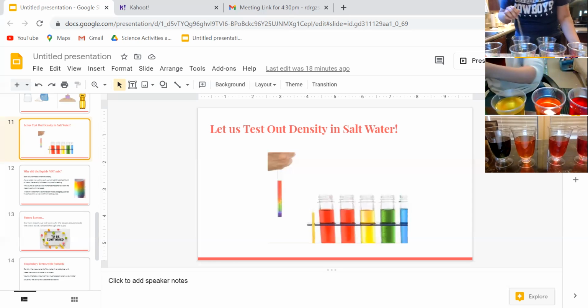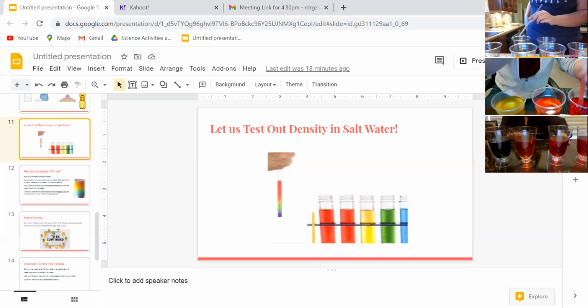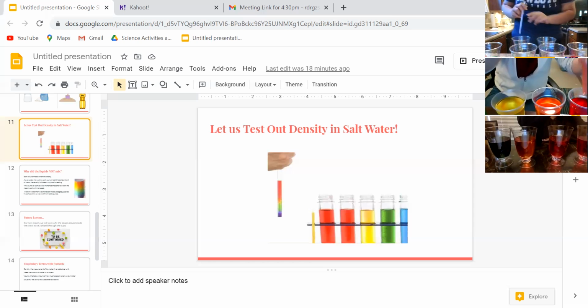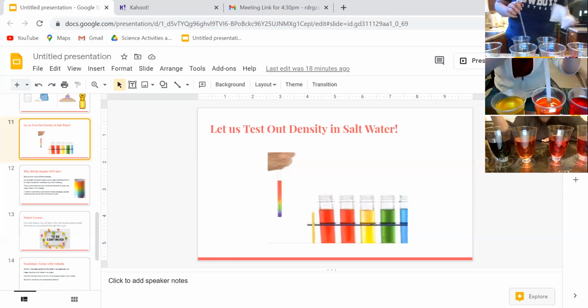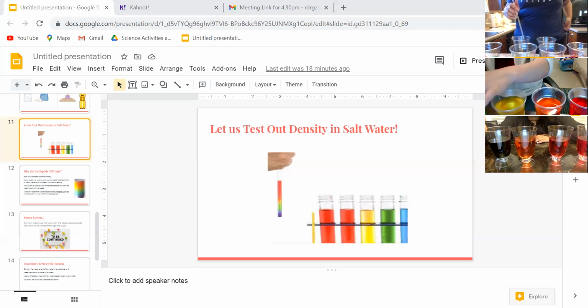And Wendy, how are you doing? Mine worked for the first till I got to green, and then after green, it didn't want to work anymore. So I'm starting over. Yeah, no worries. I know it can be a little tricky at first. I can do it, and then when I get to green, I only get a little bit of green, and then I get to blue, and then I don't get the blue.